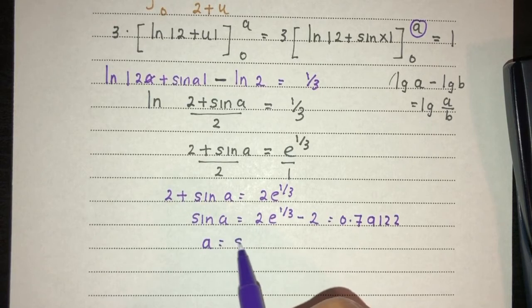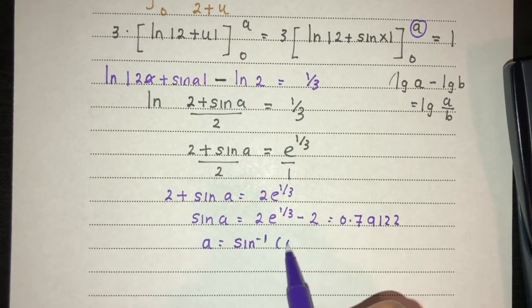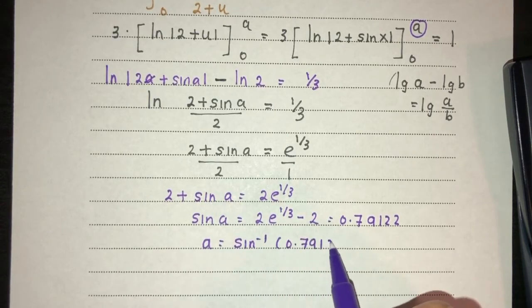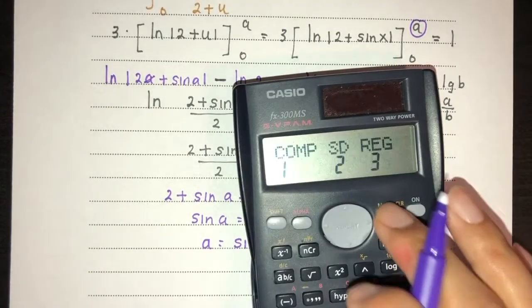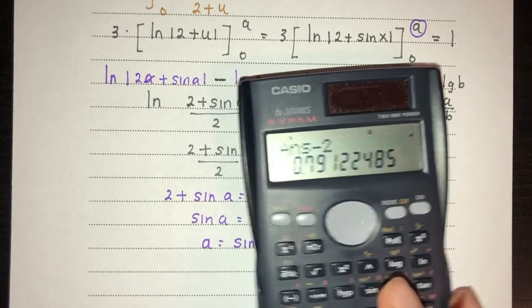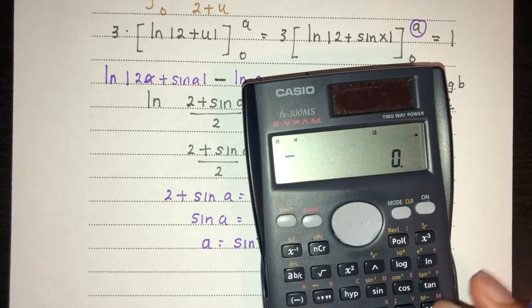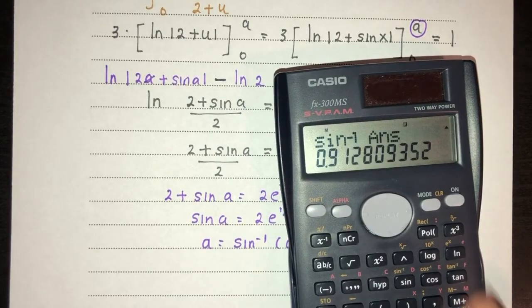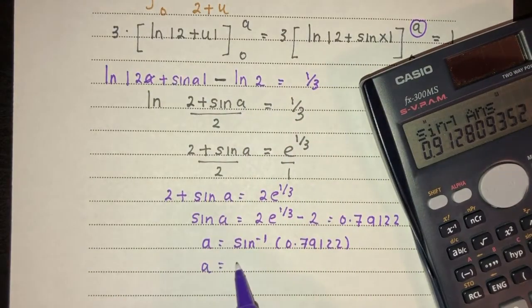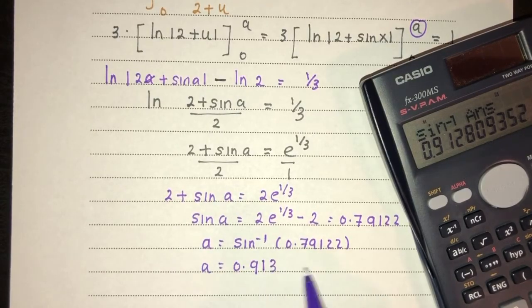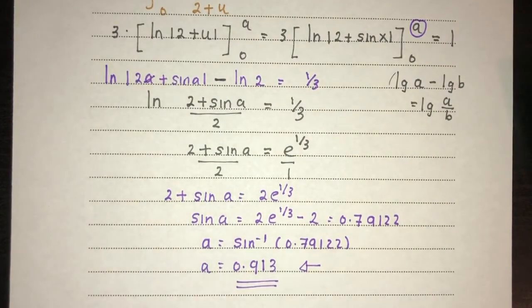So a will be sine inverse of that value. Here we have to use radians. Here we go. Sine inverse, and that will give you a is equal to 0.913, correct to 3SF. That is the value of a for question number 7.